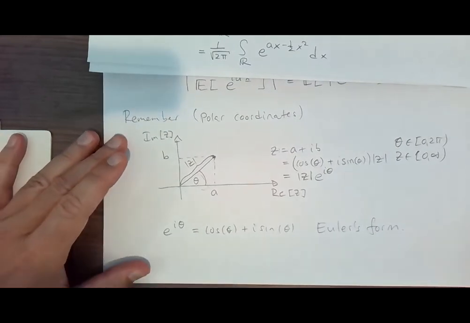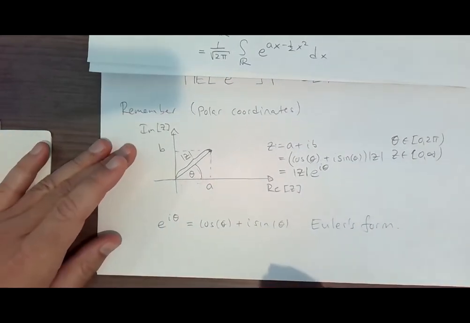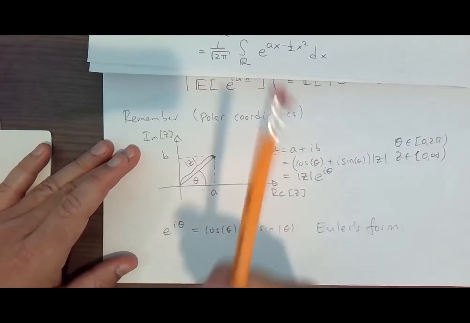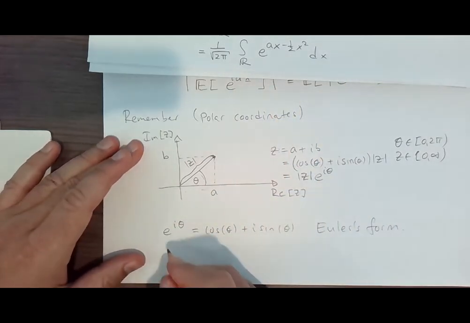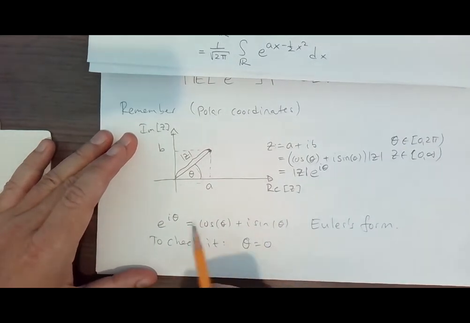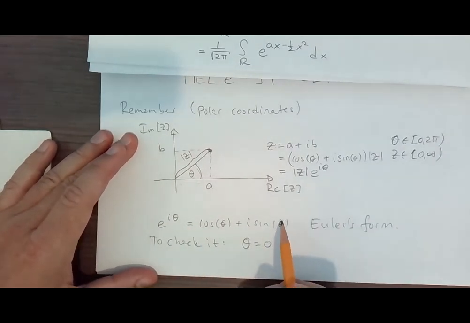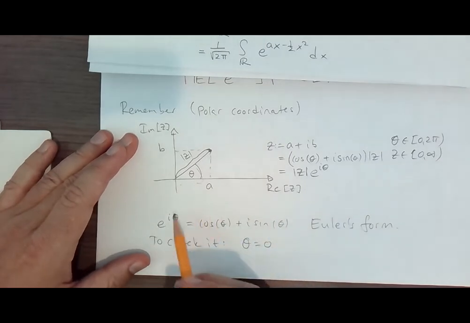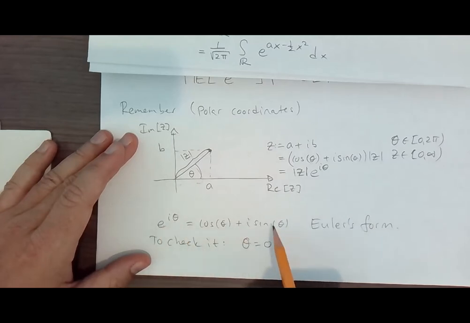And one way to see that Euler's form is correct is exactly as being mentioned here. What you could do is to check it. You could take theta equal to 0 and see that both sides are equal to 1, right? e^(iθ), that's going to be e^0, so that's going to be a 1. And so this is where you can see that I messed up, because I cannot have any i's here on the right hand side.